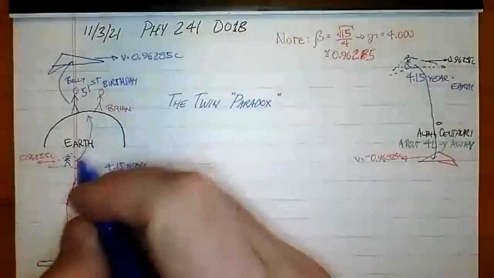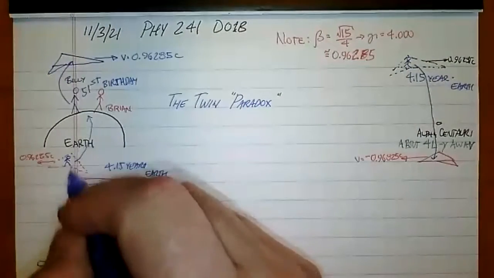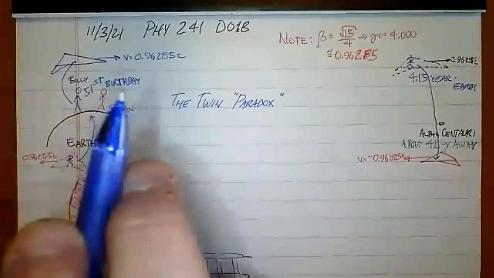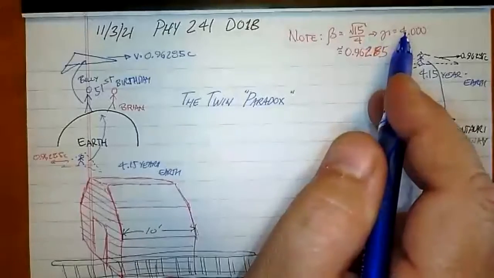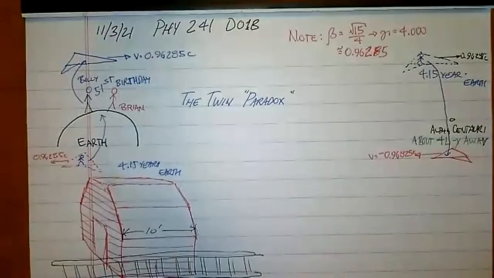That's my story. Okay, so when I get back, I am now, believe it or not, because of this gamma factor, I'm supposed to be, according to your clocks, 4.15 plus 4.15, which would be basically 8.3 years.